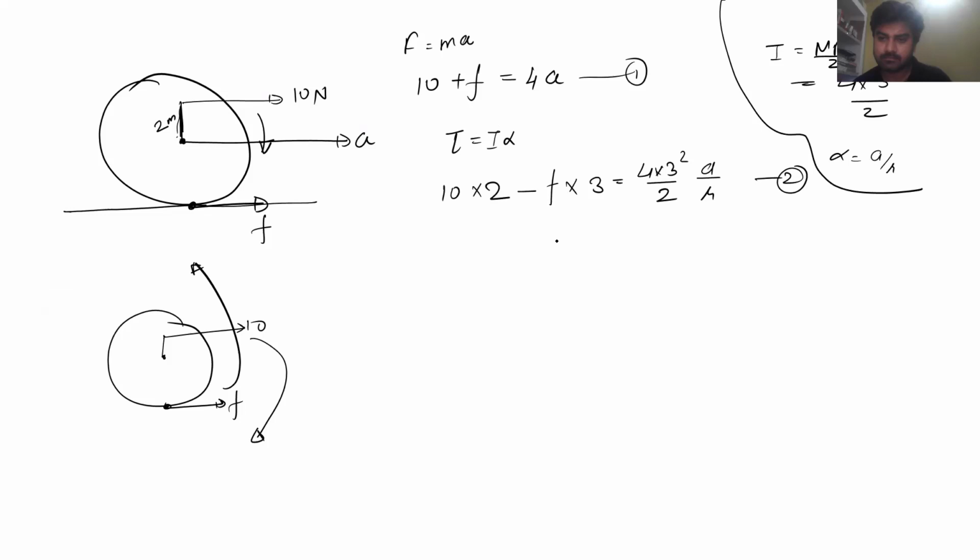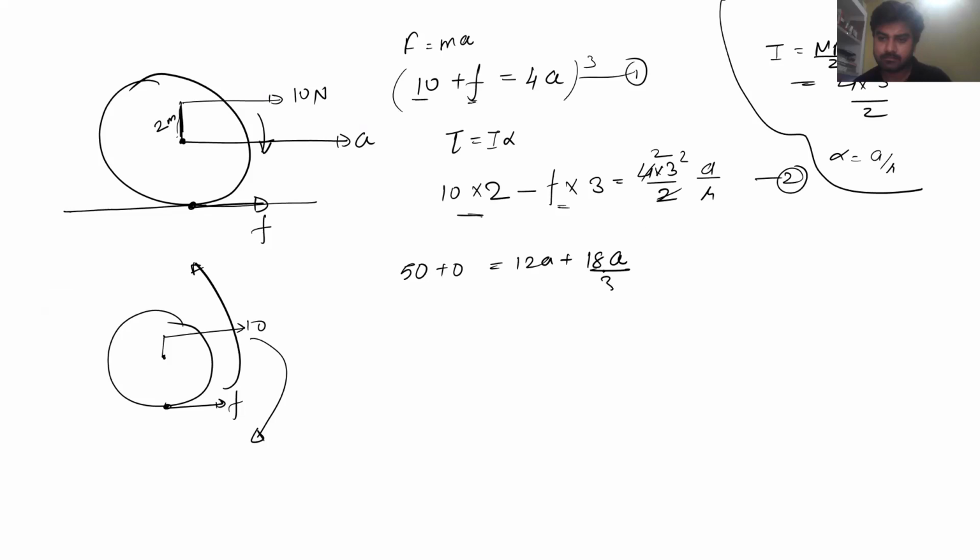So what you can do is multiply the above equation by 3 and add it. So this will be 30. 30 plus 20 is 50. This will be 3f, this is minus 3f. It will be 0. Is equal to, this will be 12a plus 18 a by r.